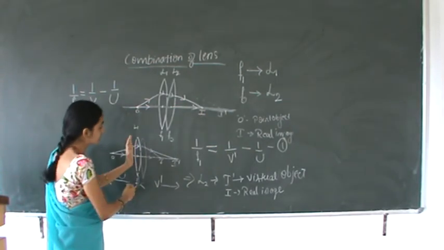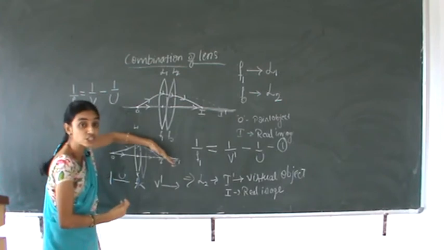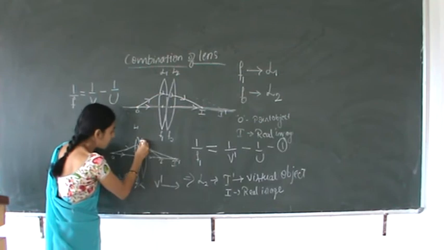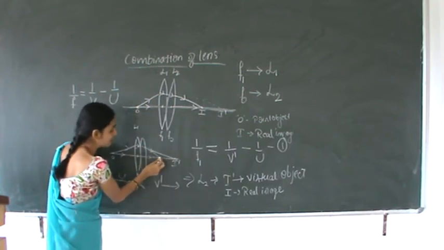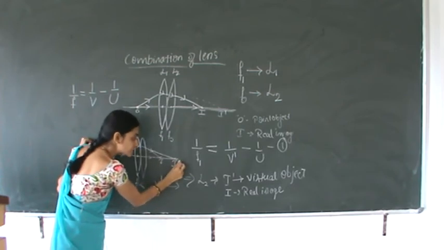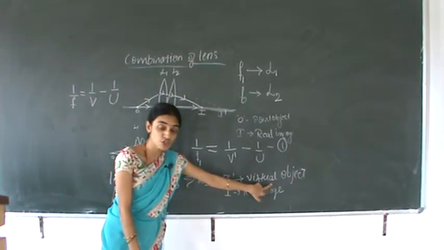So, what happened here? When I kept the second lens in the direction of the converging ray, it undergoes refraction and converges earlier at the point I. Here, I dash acts as the virtual object. What do you mean by a virtual object?